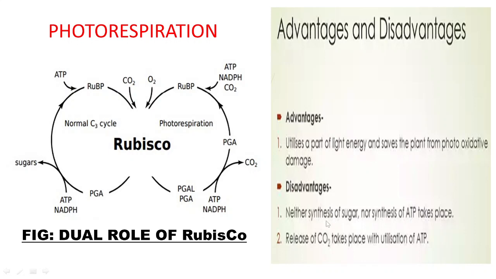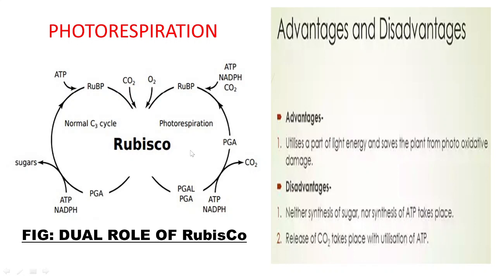But the disadvantages are that it neither synthesizes sugar nor does ATP synthesis take place. Release of carbon dioxide takes place with utilization of ATP. Again, carbon dioxide release is taking place where carbon dioxide should have been absorbed. So these are the disadvantages of photorespiration.